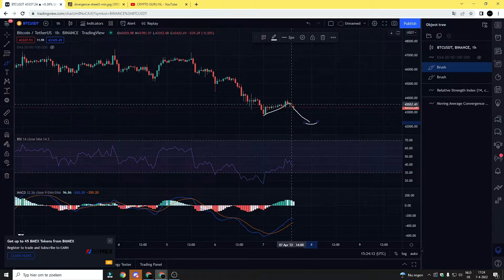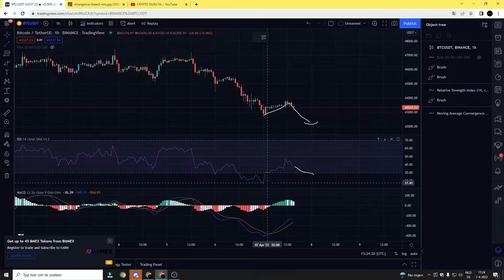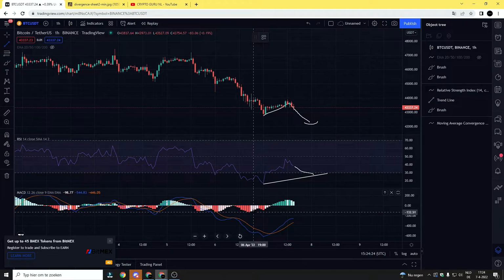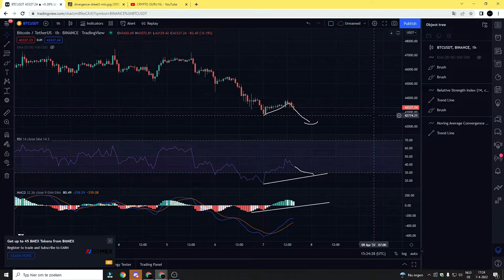During the period that we form that lower low on the price action, the RSI will probably stop moving somewhere right here, and that would form a beautiful higher low on the RSI and also a higher low on the MACD.